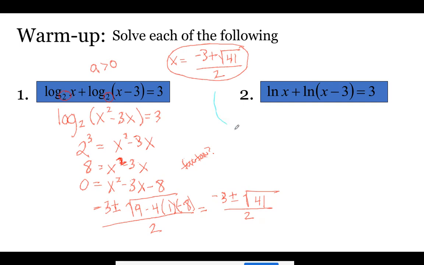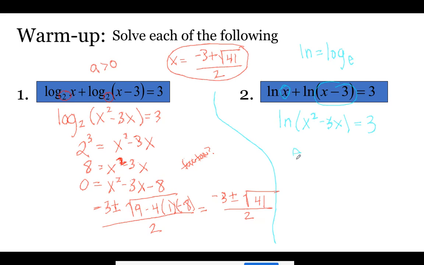So let's go ahead over here to the second one, number 2, which looks really similar. So you've got ln, which is the same thing as log base e. Again though, they have the same base, so I can multiply their arguments. So you've got ln of x squared minus 3x equals 3.